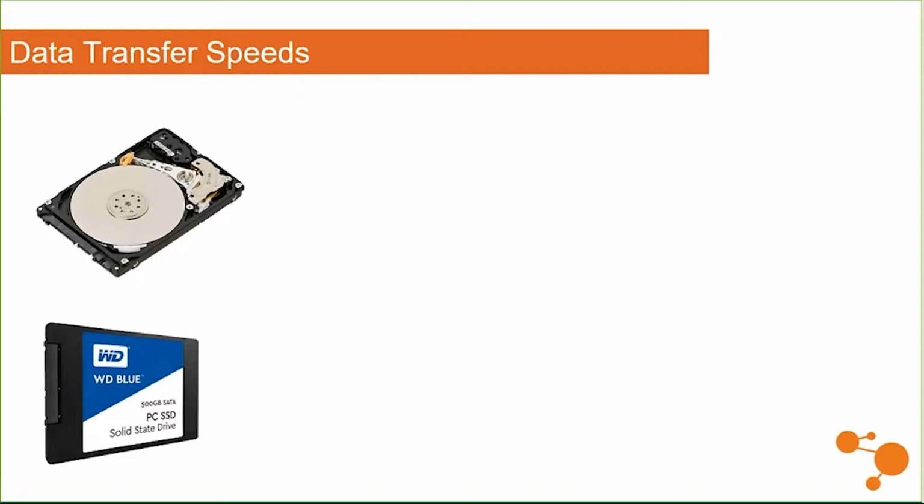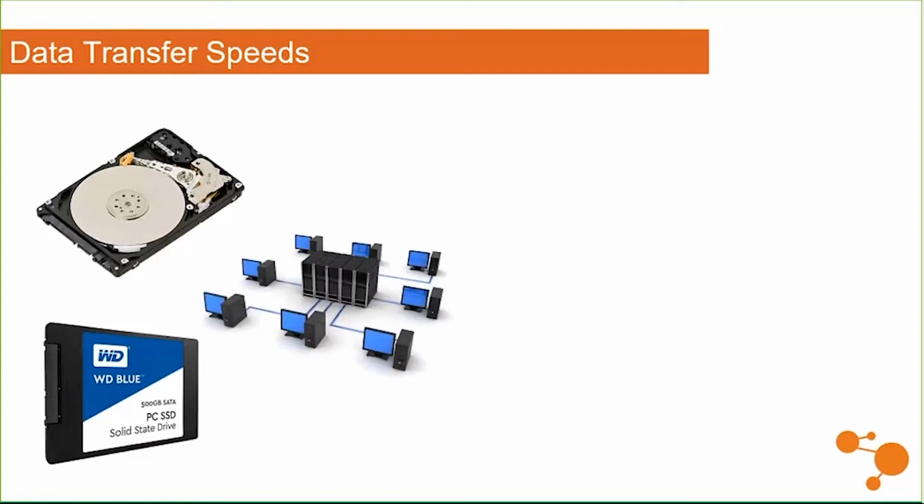Maybe that top drive there is your traditional spin drive that we're accustomed to. The bottom one, a lot of you are maybe more familiar with, the more common solid state drives, which is the newer style of hard drives, it's not really new anymore, that are maybe in your laptop or your desktop computers.